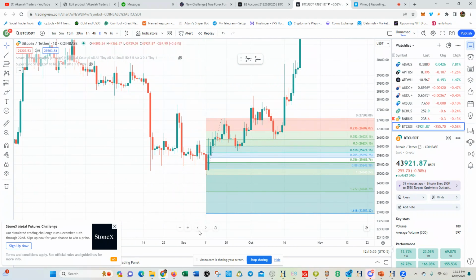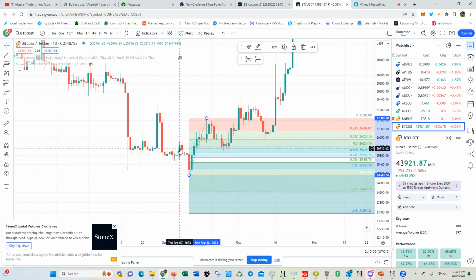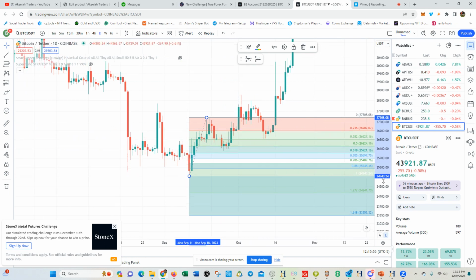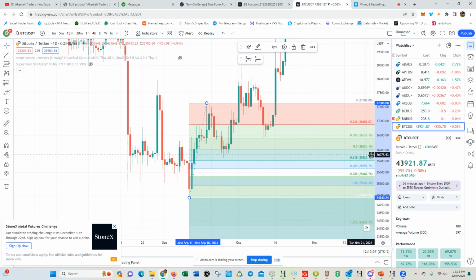What I did was measure from where the move started up to where it made its first initial impulsive move. That brought the market to about here, and then we started to see it pull back some. That's what we're looking for in this first initial look at the Fibonacci. When you do that, it's going to create these levels over here on the side.